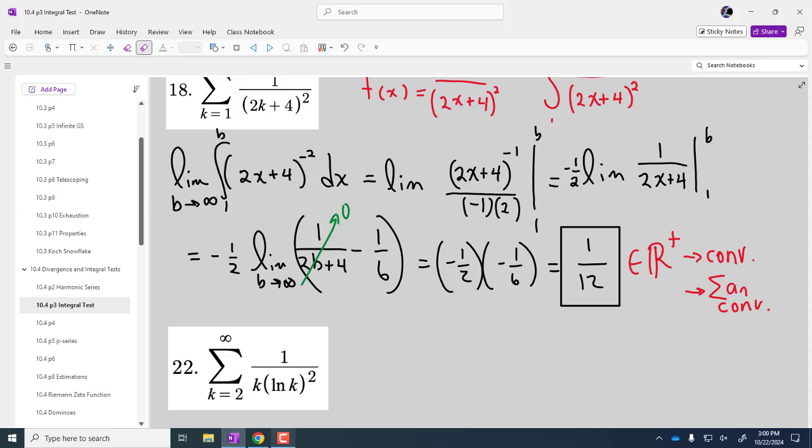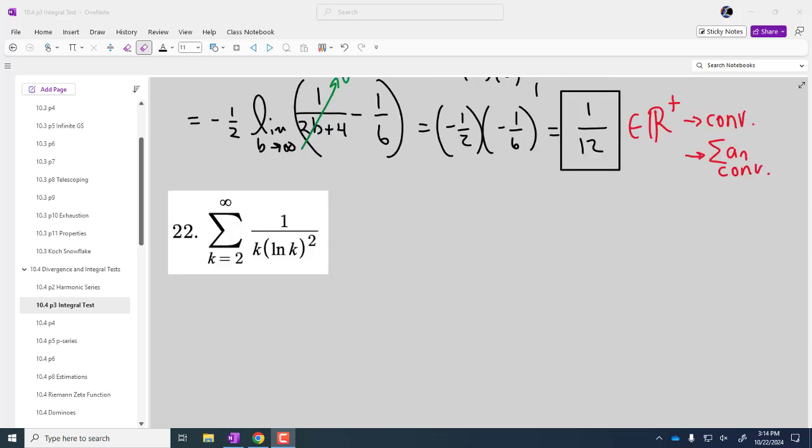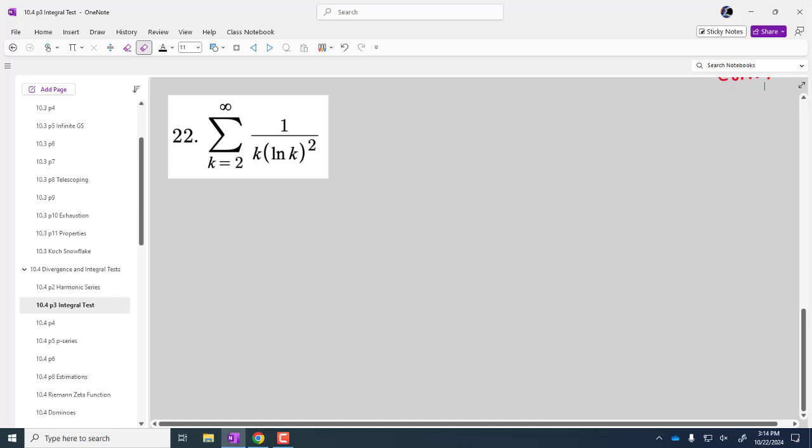All right, let's find the pause button. All right, so if you remember, when we did improper integration, we know that 1 over x diverged, and then we said, okay, let's try to increase the denominator faster, but not too fast.